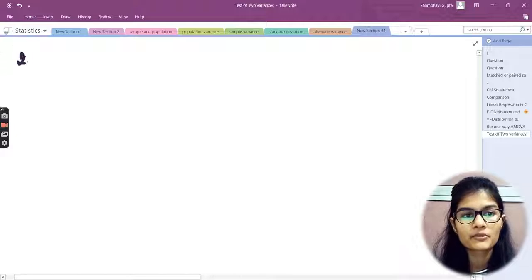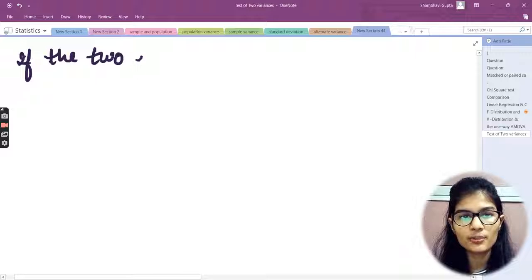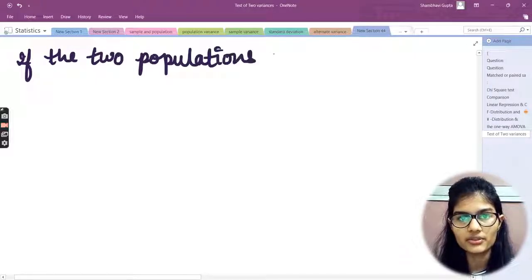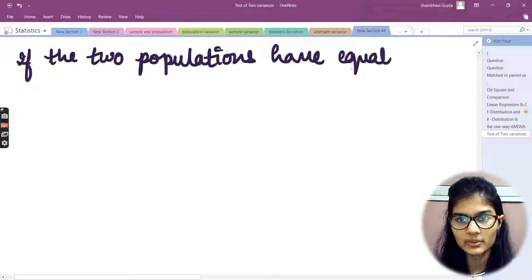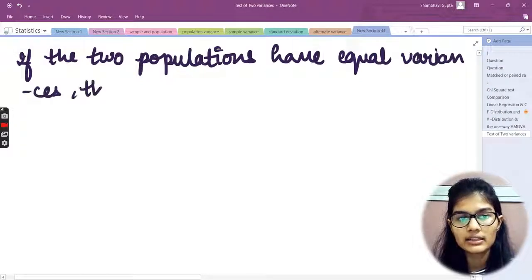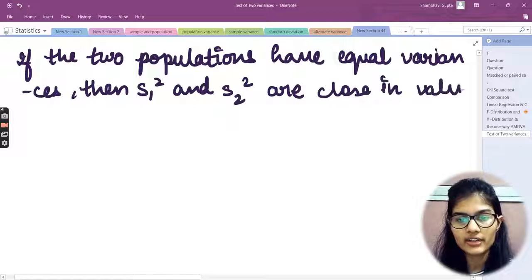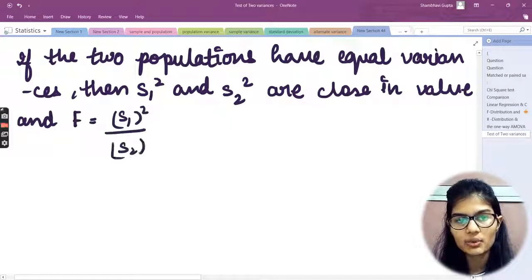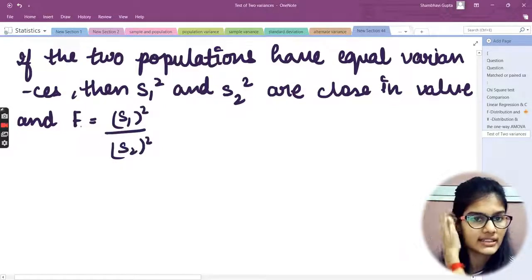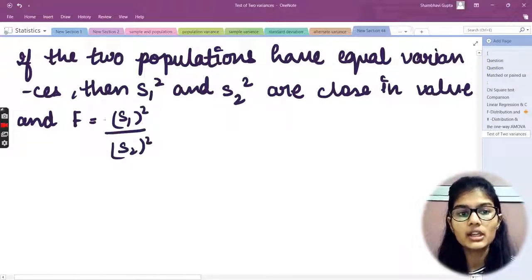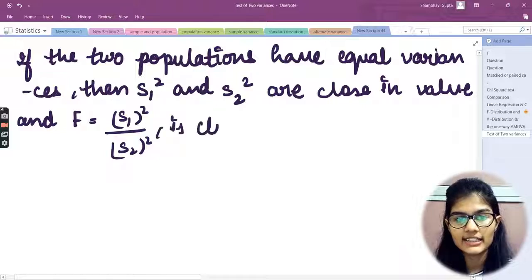If the two populations have equal variances, then S1 square and S2 square are close in value, and F is equal to S1 square divided by S2 square, and it is close to the value 1.